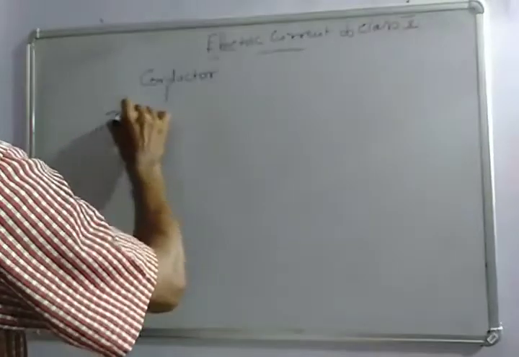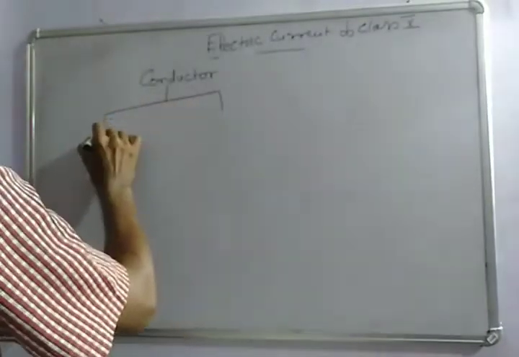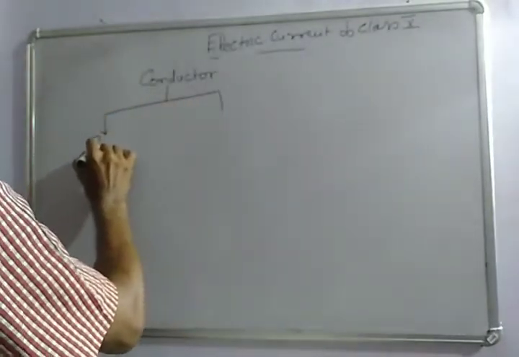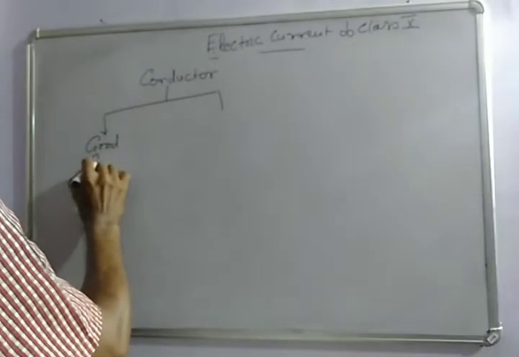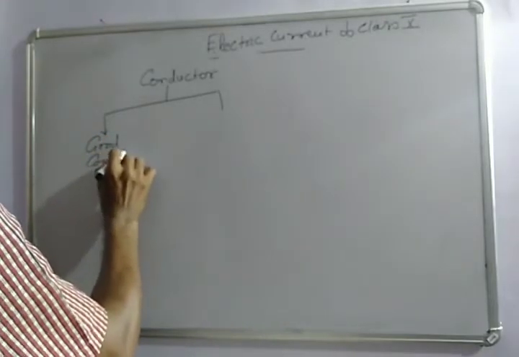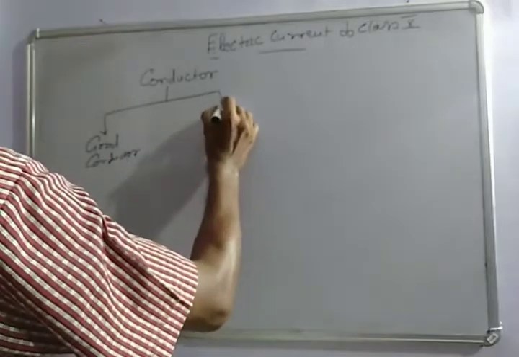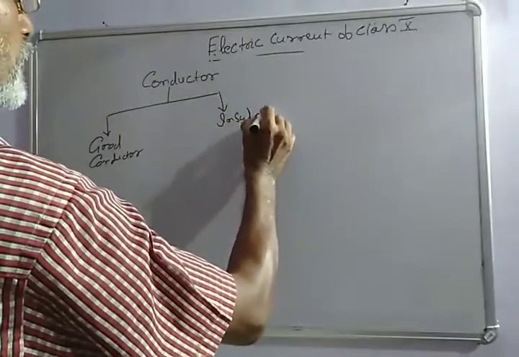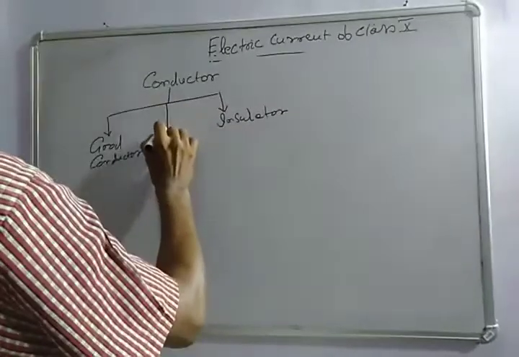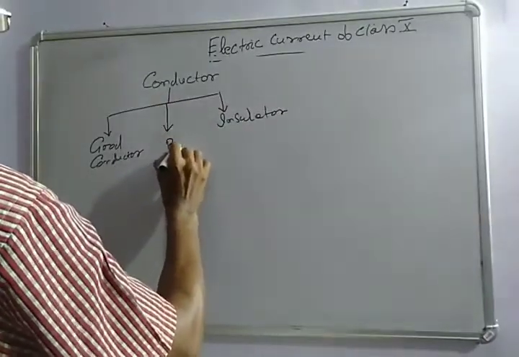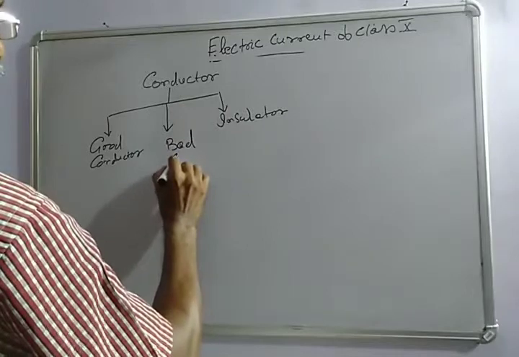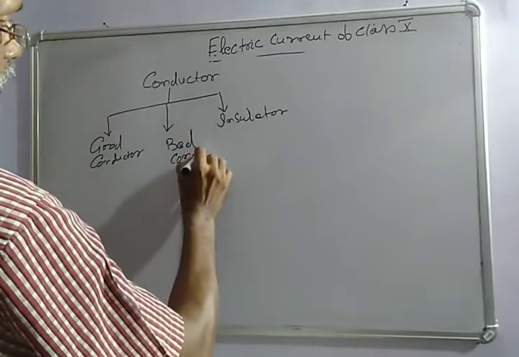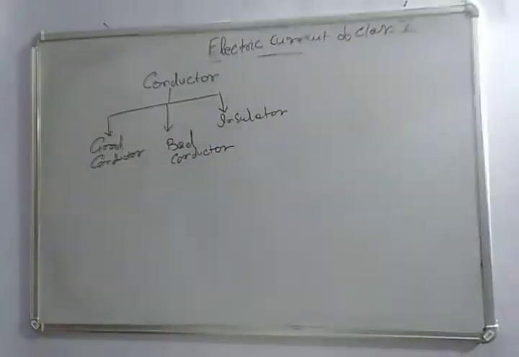There are three types of materials: good conductor, insulator, and bad conductor.